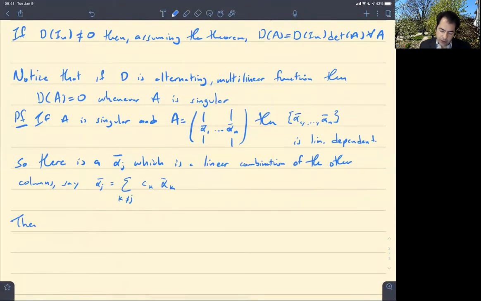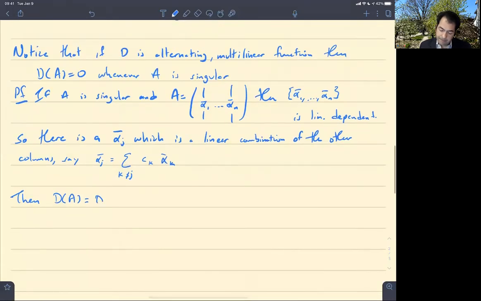And so then what we can do, we can write D of A as D of the matrix, right? So I'm going to have alpha 1, and so on up to alpha j minus 1, and then instead of alpha j, I'm going to write this linear combination, then alpha j plus 1, and so on up to alpha n.